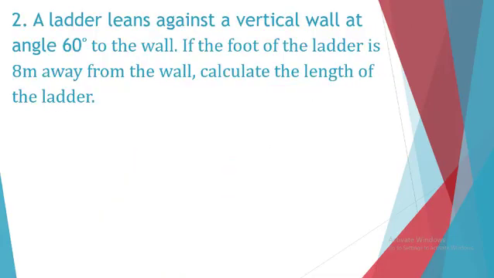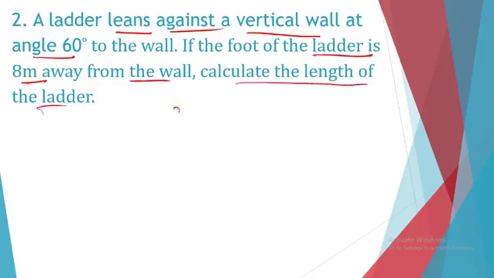A ladder leans against the vertical wall at angle 60 degrees to the wall. If the foot of the ladder is 8 meters away from the wall, calculate the length of the ladder. Like I said, the first thing we need to do is to illustrate this in a diagram.